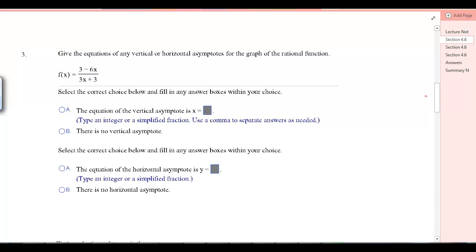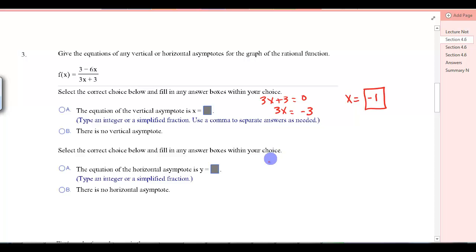All right, we're supposed to find the vertical and the horizontal asymptotes of this one. So for the vertical, we're going to take 3x plus 3 and set it equal to 0. Then x is -1. So they've got the x equals; you're just going to put the -1 in the box.